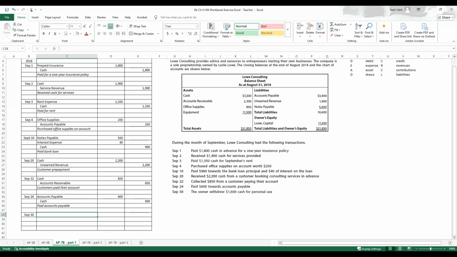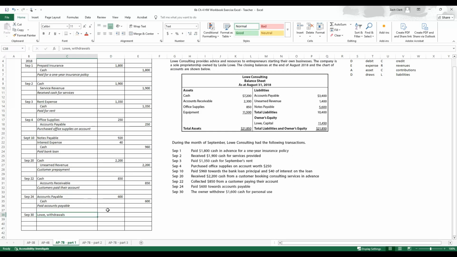Okay, and finally on September 30th, the owner withdrew $1,600 of cash for personal use. So that's going to be the draws or owner withdrawals. That's a debit. So in this instance, we have a specific account. We're going to reference the owner. This is just kind of a typical formatting thing. As far as the owner's equity goes, we're going to identify which owner it was.